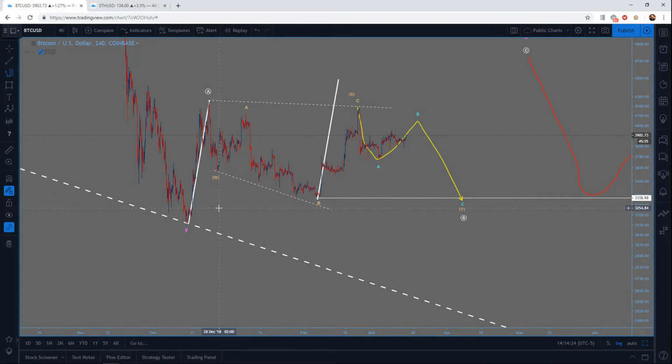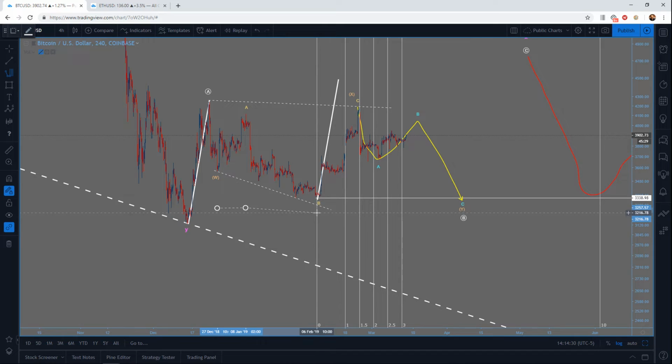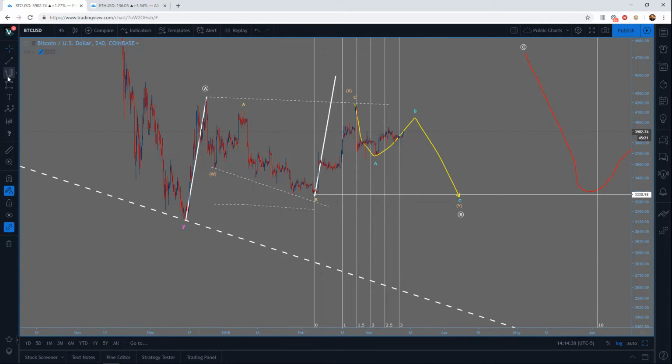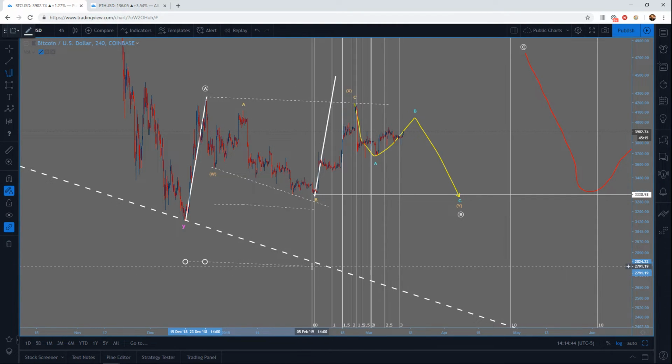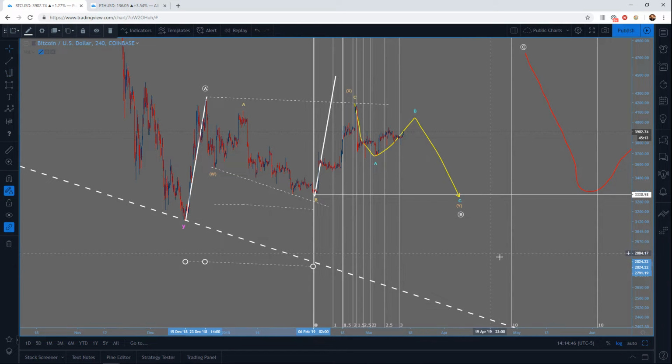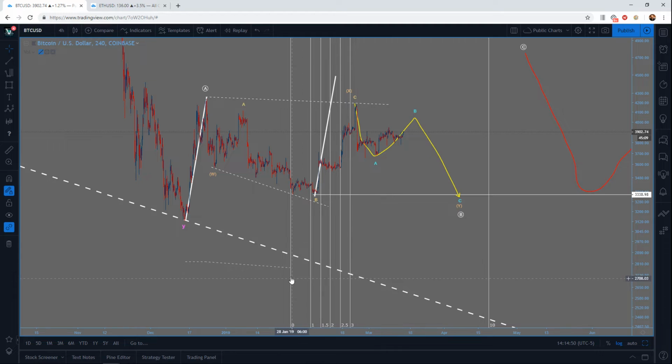And if you look at time on this A wave, from the start of the C wave, you see that the C wave only took 1.5 times as long as the A wave. So that's more common than an A taking this long. Now I got to figure out which one of these I need to take off.